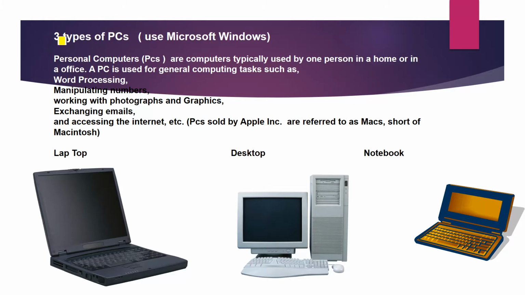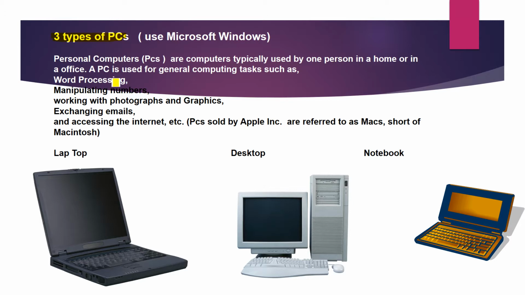So there are three types of PCs. PCs stands for personal computers, which use Microsoft Windows. Personal computers are computers typically used by one person in a home or in an office.